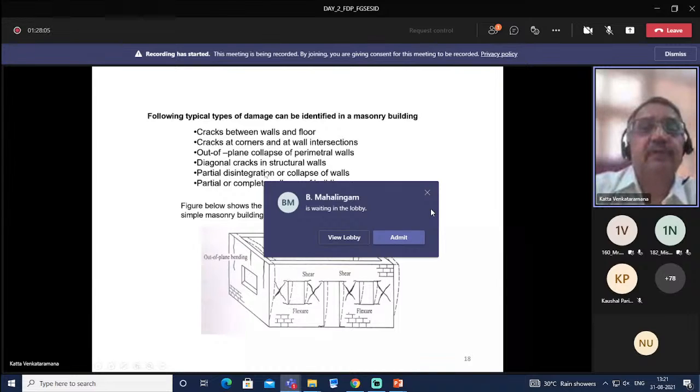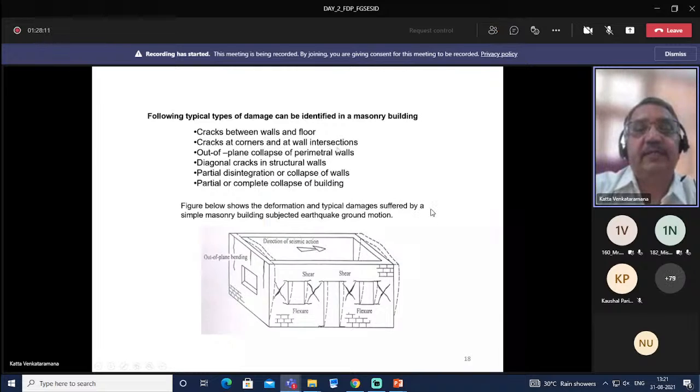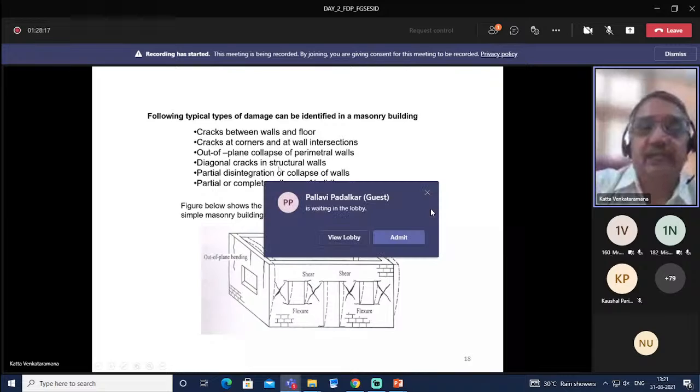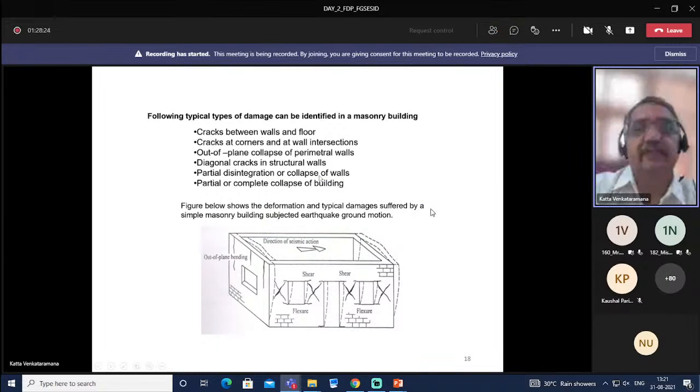Following typical types of damage: cracks between walls and floor, cracks at corners and at wall intersections, out of plane collapse of perimeter walls, diagonal cracks in structural walls, partial disintegration or collapse of walls, partial or complete collapse of buildings.